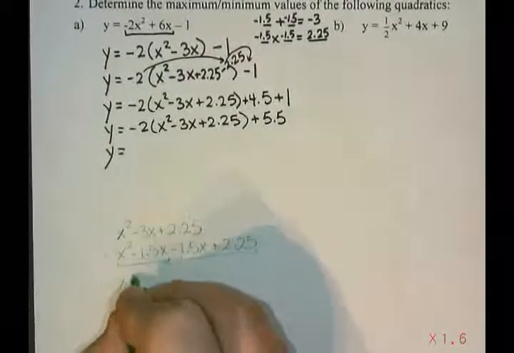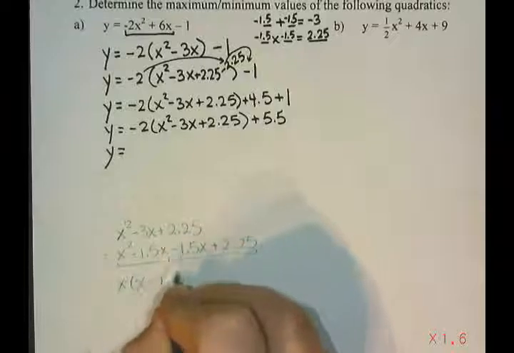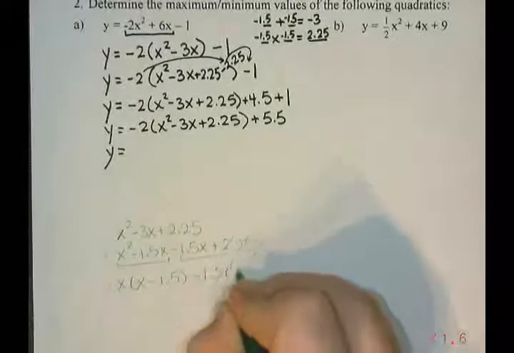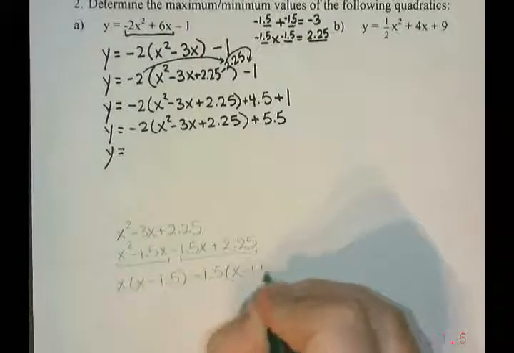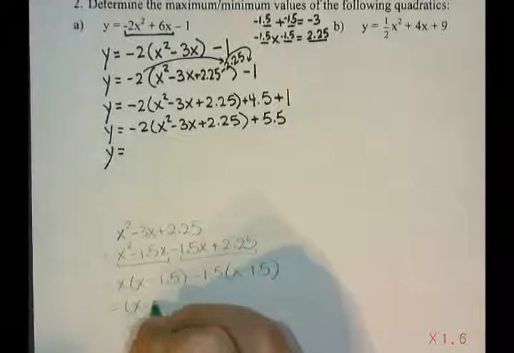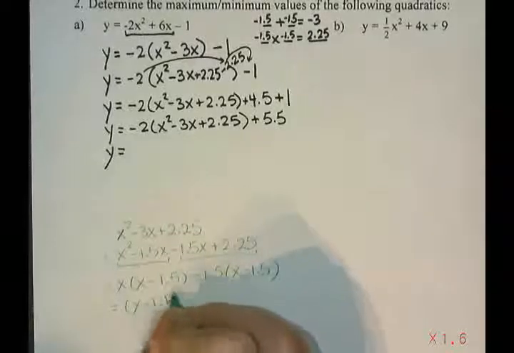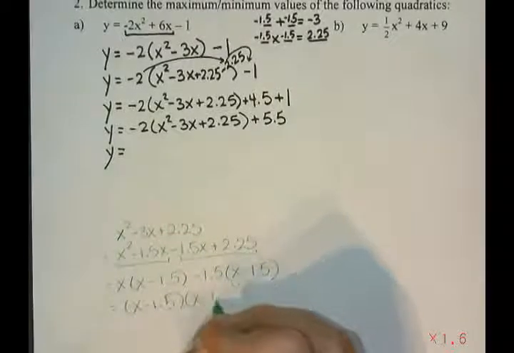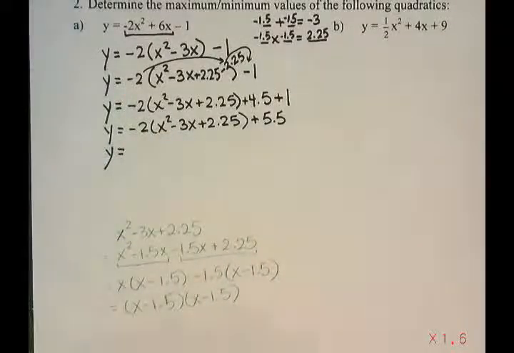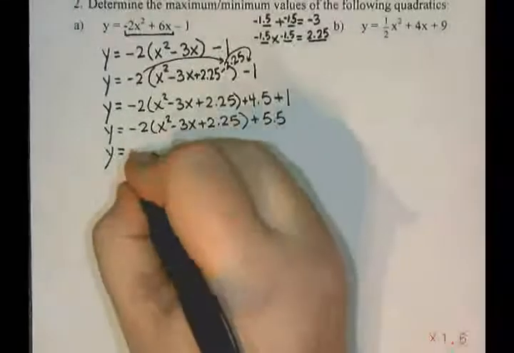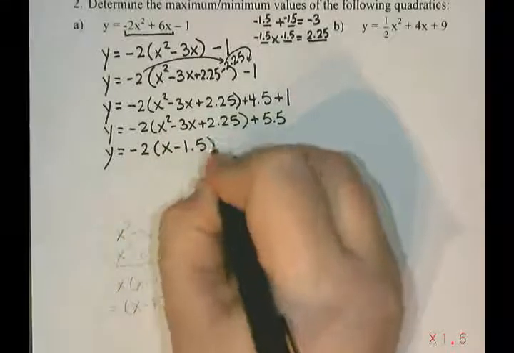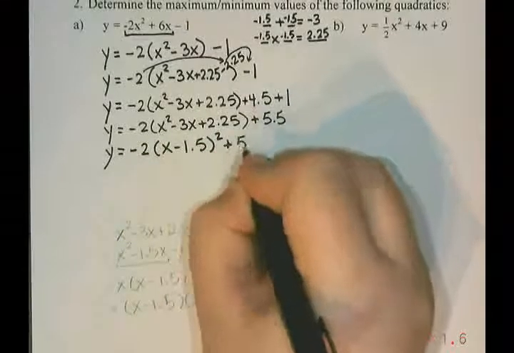Factor out an x out of the first pair and a negative 1.5 out of the second pair, and I am left with x minus 1.5 times x minus 1.5. And since they're exactly the same, that's actually x minus 1.5 squared. So I'm going to replace up here this with x minus 1.5 squared plus 5.5.